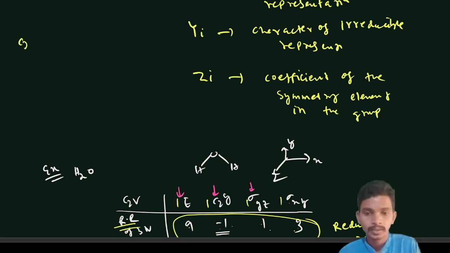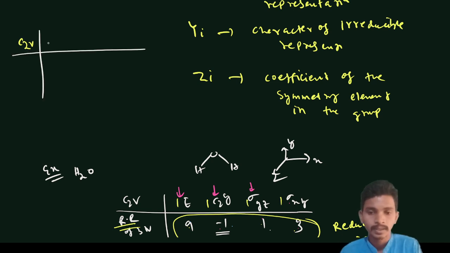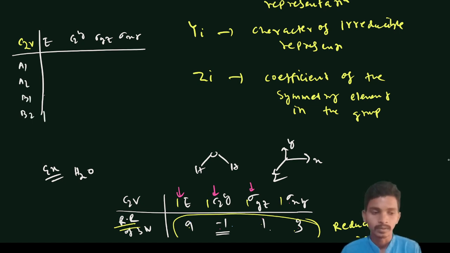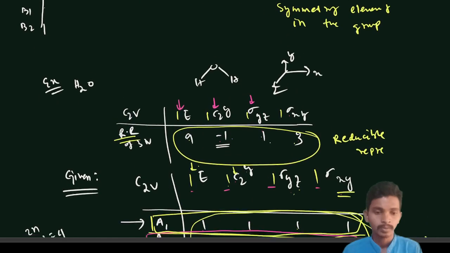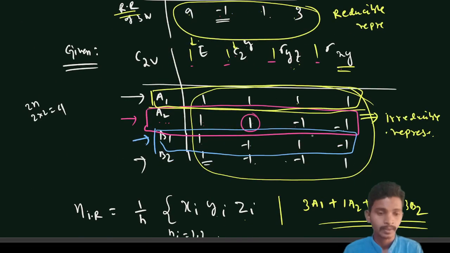So for C2v, the correct irreducible representations are, let's see, this is C2, sigma yz, sigma xy. And this is A1, A2, this is B1, this is B2. I have to take the same value, otherwise if I take exchange, then the value will be different.